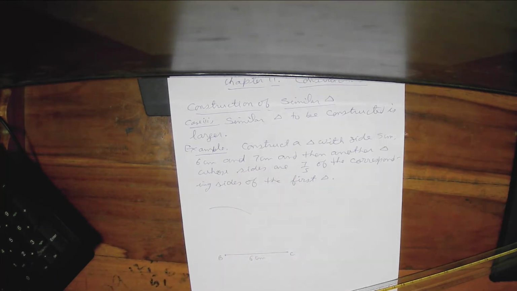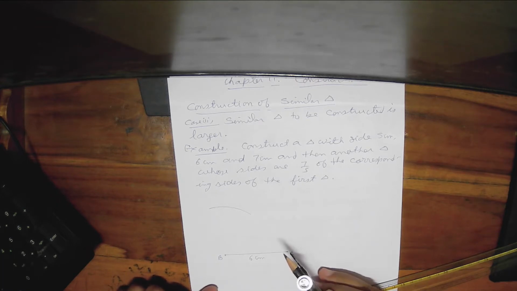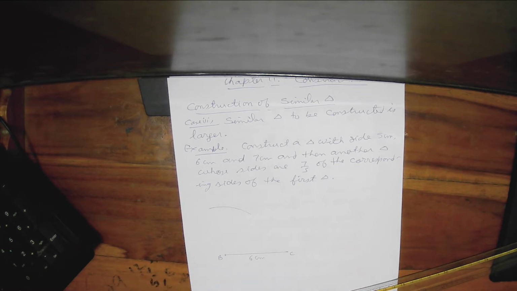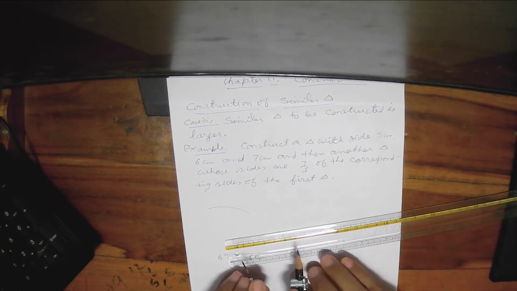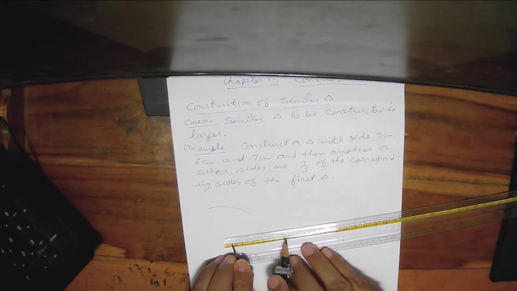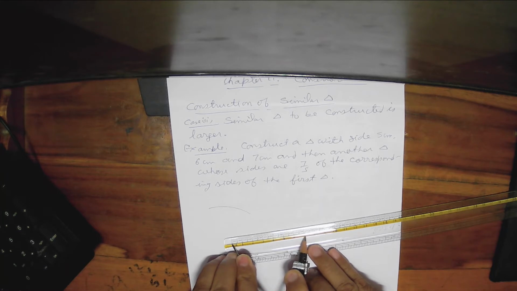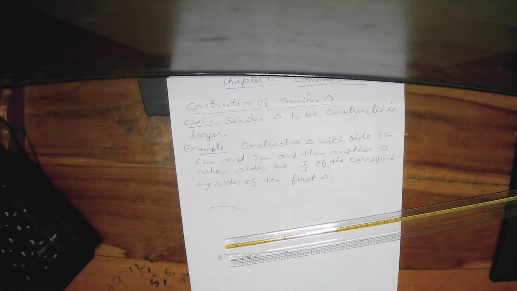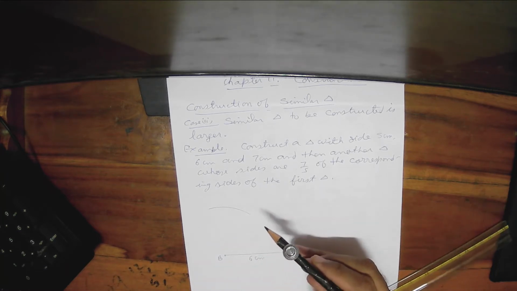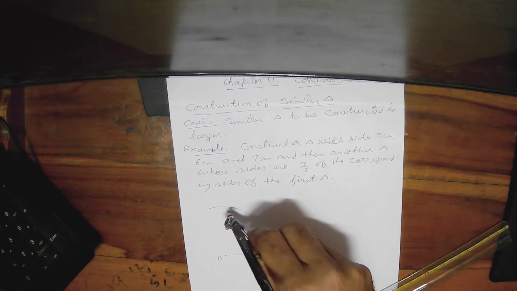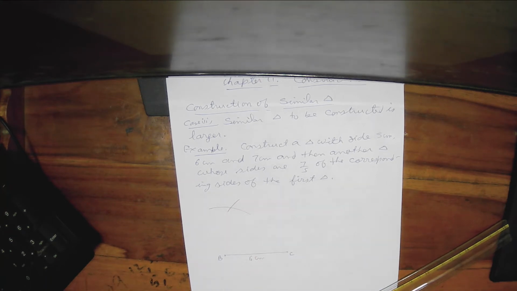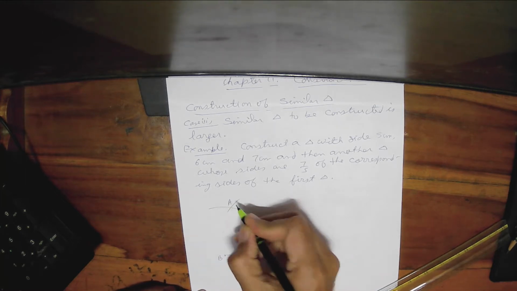The third side is 7 cm, so from point C we'll draw an arc of 7 cm. Again, here we have the scale, and we take an arc of 7 cm. From here we have drawn an arc of 7 cm, and let the point where they meet be A.